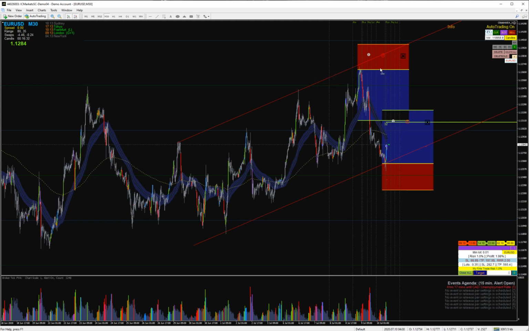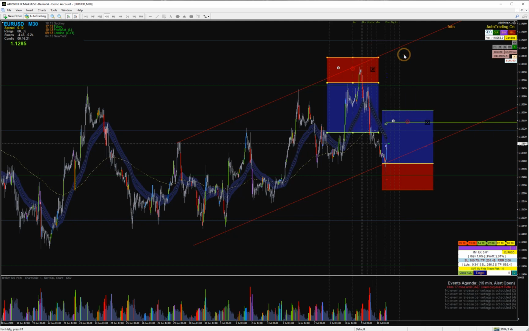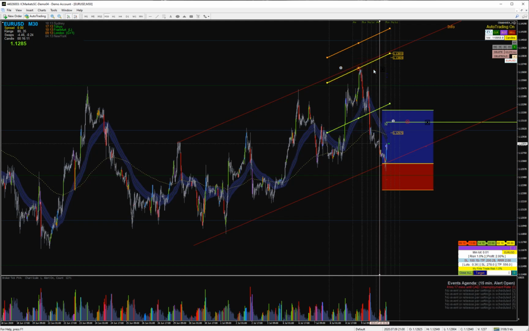So what we had to do is to place a trade, for example, in here, and then our stop loss is too close. So what we wanted to do is basically this. Now let me turn off these colors here.